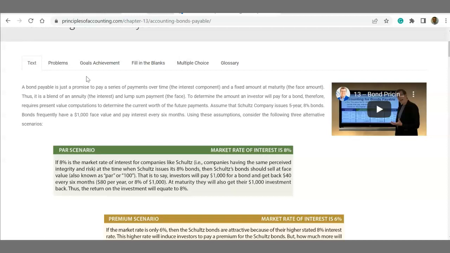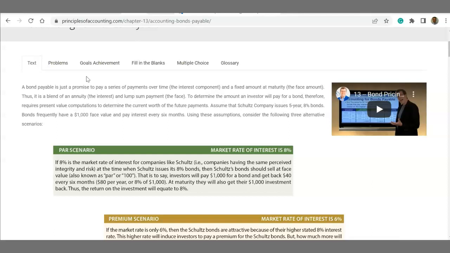One thing, every bond has an interest rate. That interest rate will be only used once, when you are calculating the payment. The payment is normally every 6 months or once a year, but normally it's every 6 months, semi-annually.